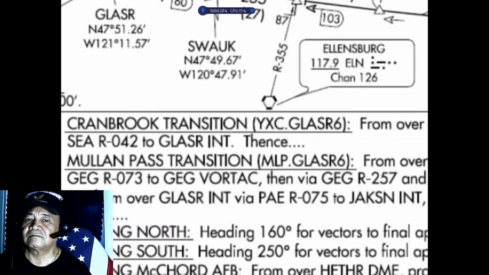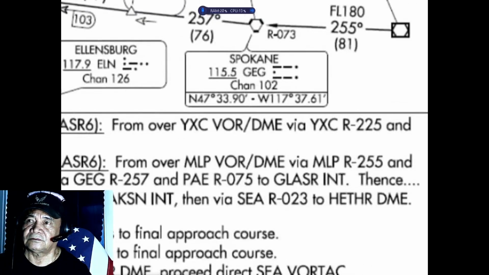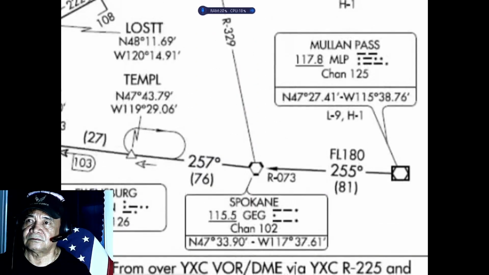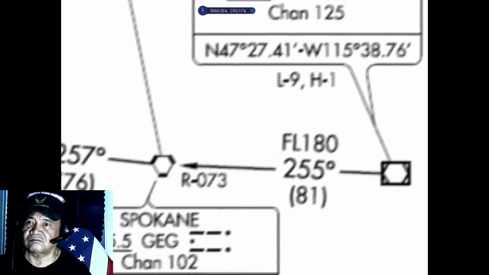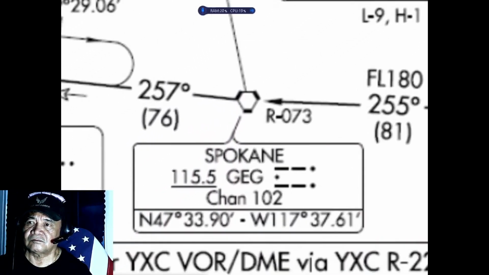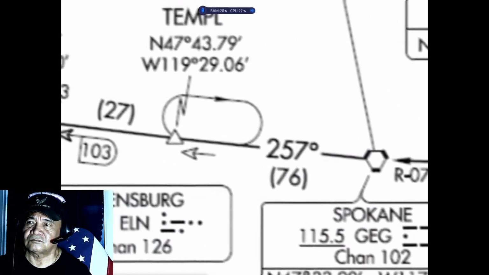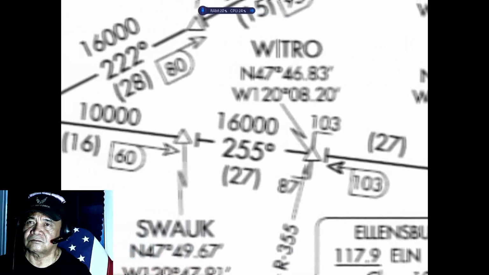We look at the Mullen transition because that's the first VOR on a flight plan. So from MLP VOR via the MLP 255 radial and a GEG 73 radial to GEG, then via GEG 257 and PAE 075 to Glasser.